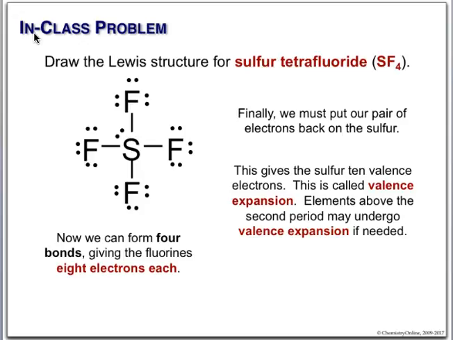If we go anything third period and down, we can do valence expansion. So this is the first exception to the octet rule. Again, if you're in the third period and below, you can put 10, 12, 14 electrons around your central atom. We won't do that in this course. We're going to restrict ourselves to the top two.